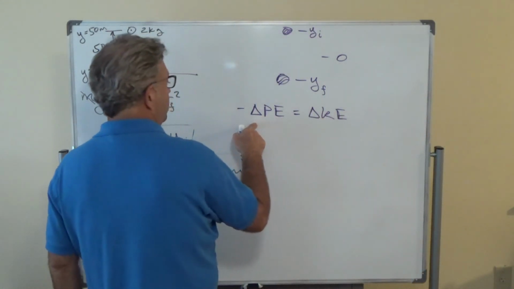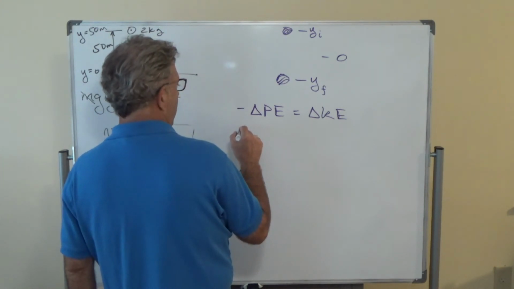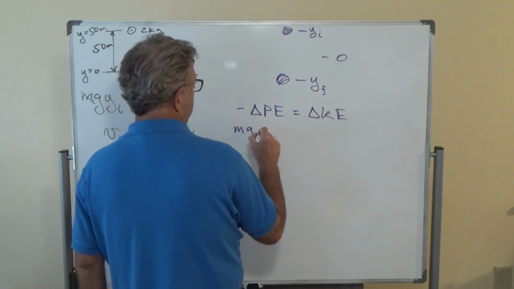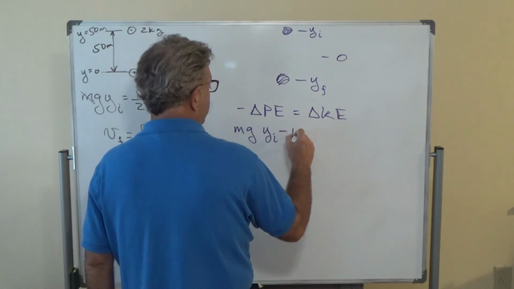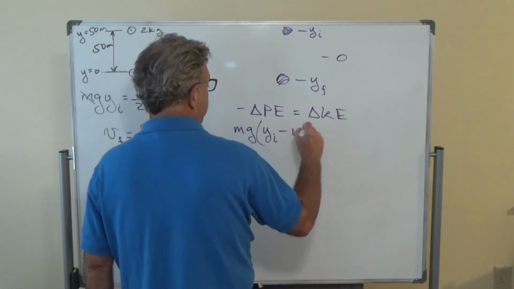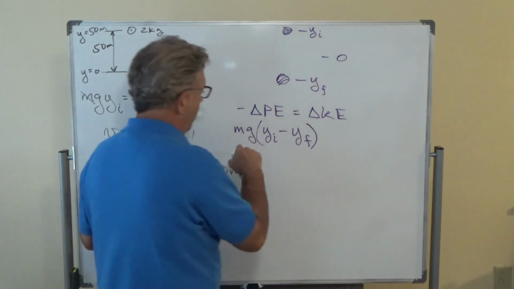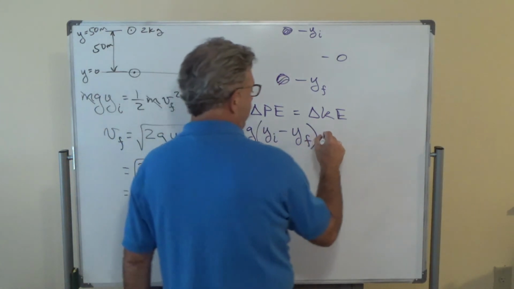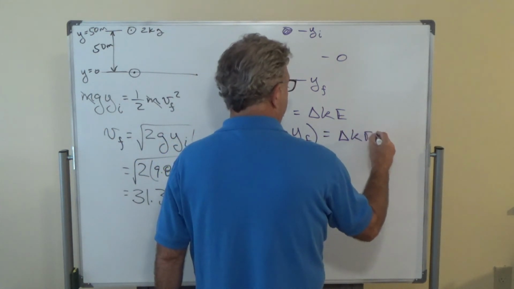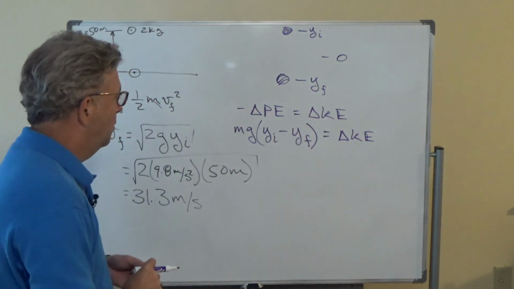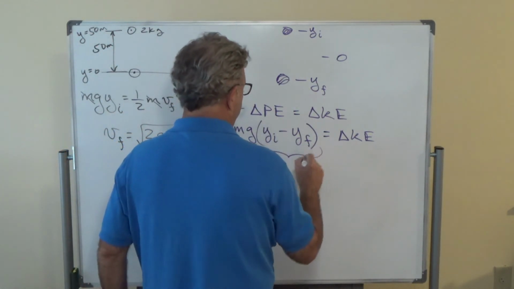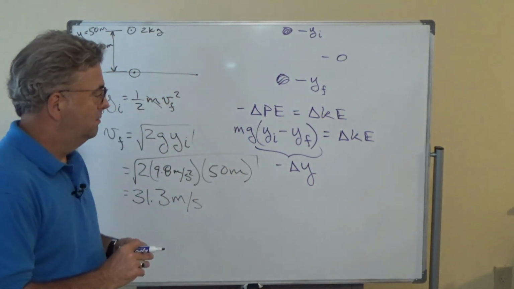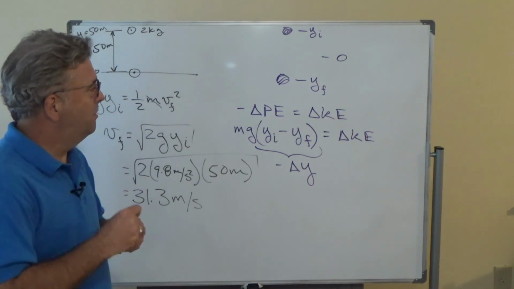So this is mg times y initial minus y final, because delta PE is mgy initial minus mgy final, so that's equal to delta KE. What is this? This is minus delta y. Well, look at this.